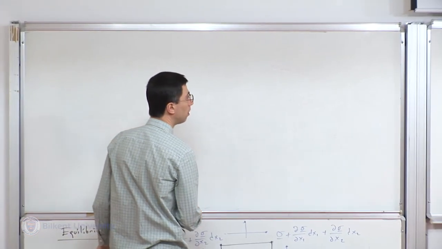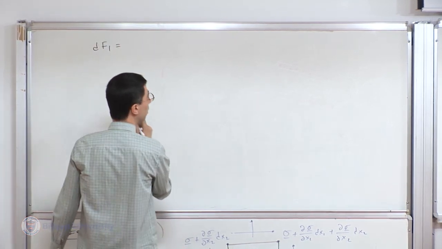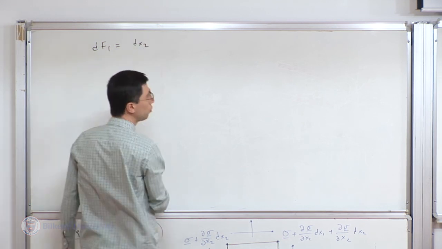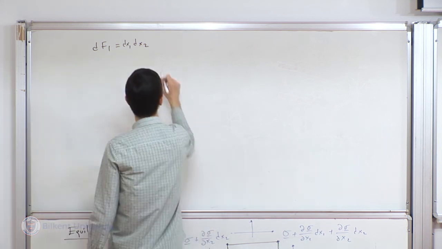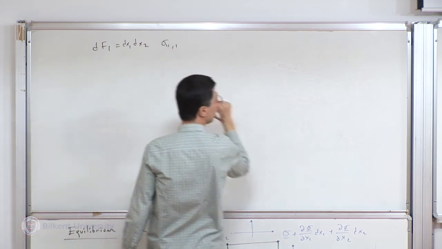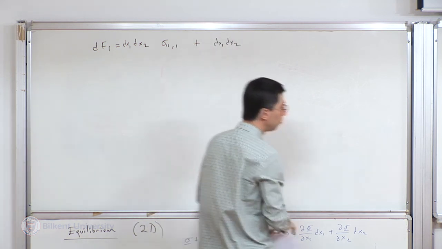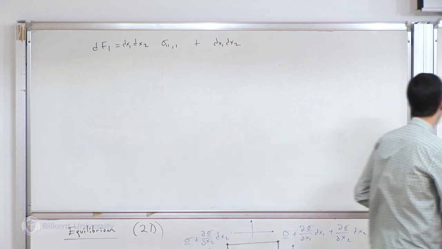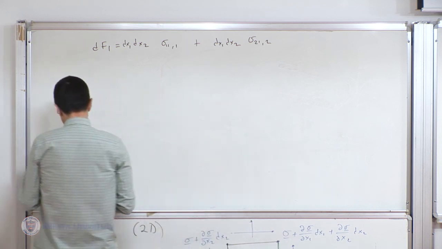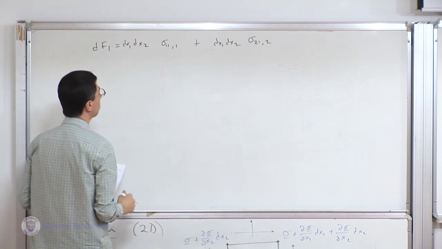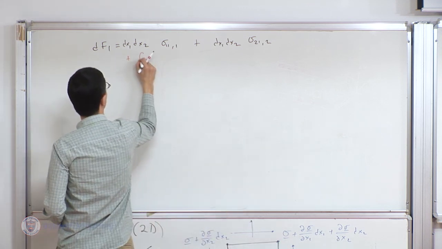So dF1 is equal to dx2 multiplying dx1 multiplying sigma 1,1, comma 1, and then plus, again, dx1, dx2 multiplying sigma 2,1, comma 2. Plus, of course, our f1.